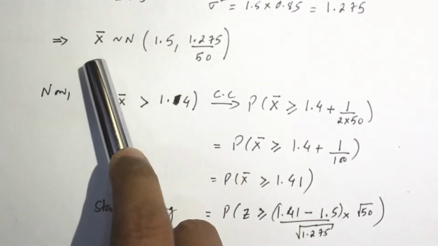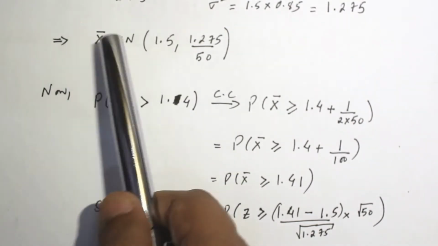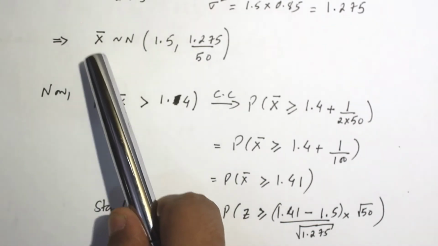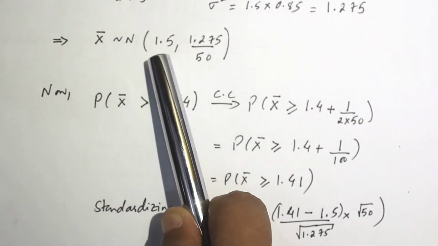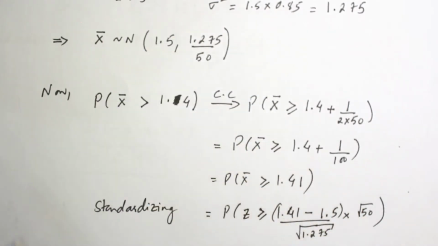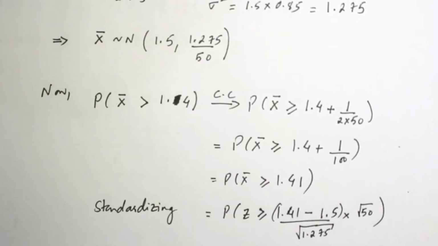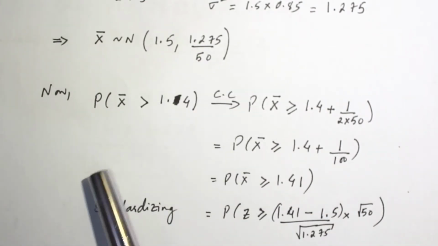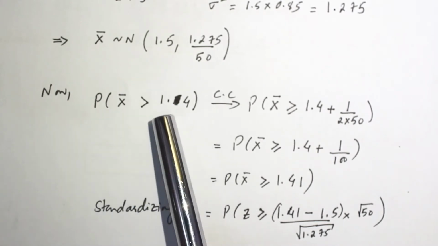Now if you have a random variable for the mean, when the mean follows a normal distribution, it'll have a mean as the distribution parameter as this. In this question, we are asked to find the probability where the mean has to be greater than 1.4.